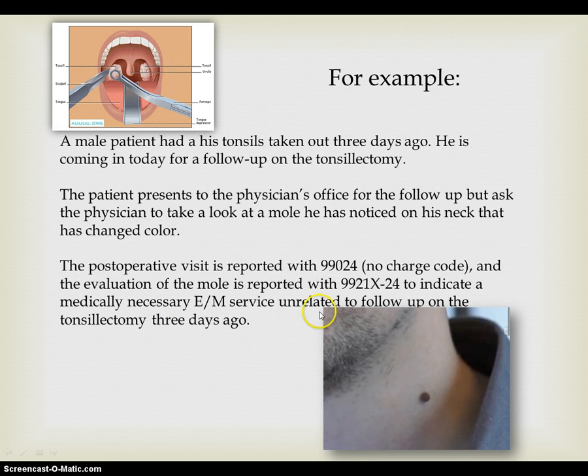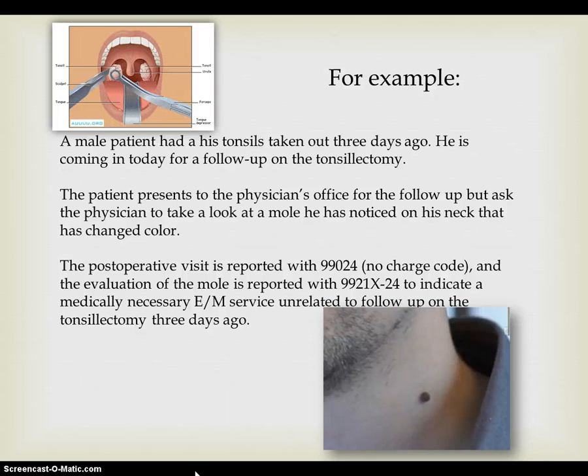If we just sent in the code, the insurance company would deny your claim, and you would have to revisit and resend with a corrected claim, because they're going to say that it's all part of the surgery. But with that 24, it says it's not part of that surgery. We would like to be paid.